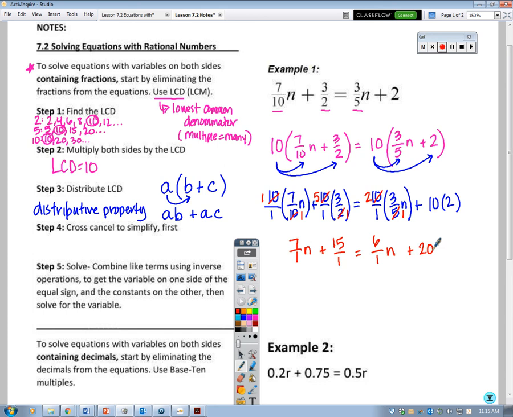Okay, these are all over 1, so they're whole numbers, so this is 7n plus 15 equals 6n plus 20.